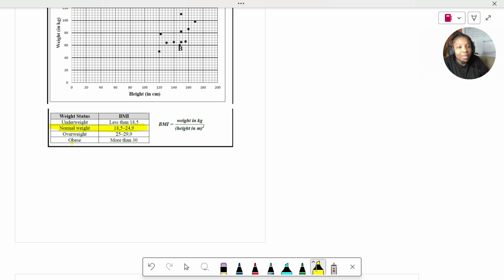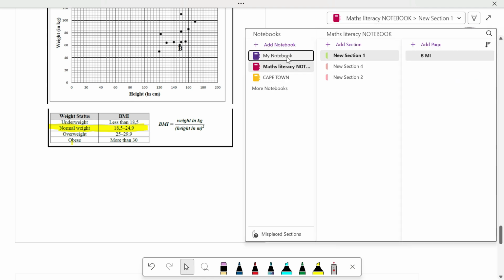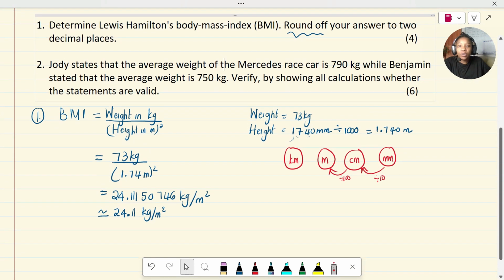It's normal weight, and it should be, because he's an athlete. Do you consider him an athlete? He's an athlete, so he needs to have normal weight. So his BMI falls within that category.